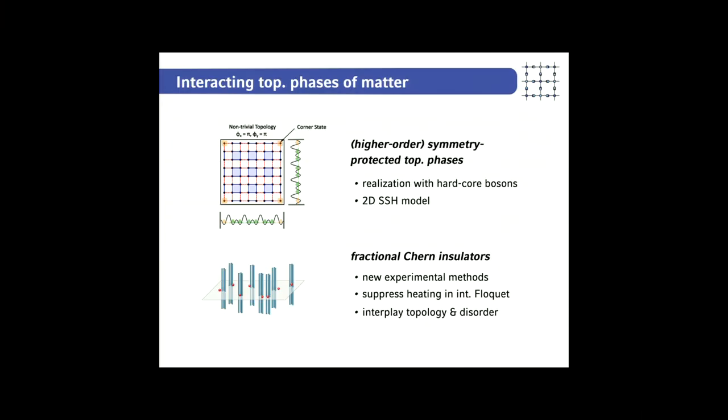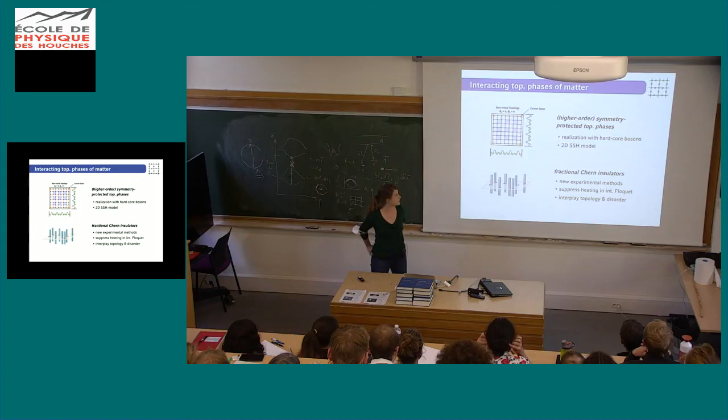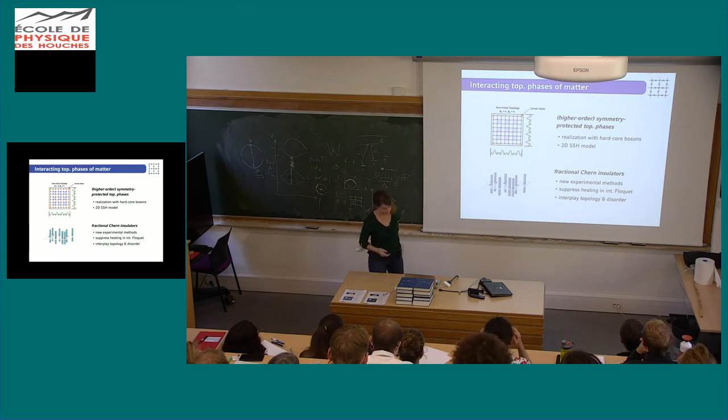So you have seen symmetry-protected phases in the SSH model very briefly. And there are also higher order symmetry-protected phases in 2D that we can study with interacting bosons. And then our ultimate holy grail, as was already mentioned for photonic systems, is studying fractional Chern insulating states, which we are also planning to continue.